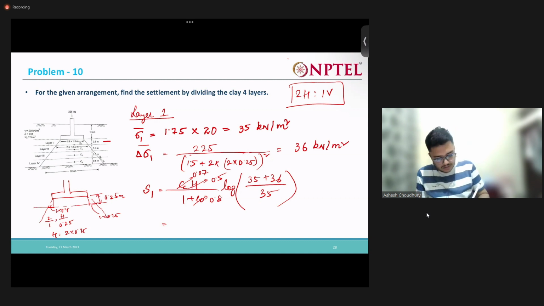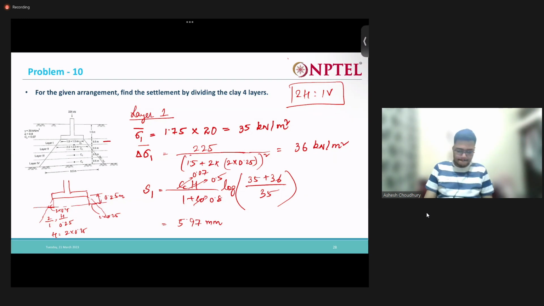It will be 5.97 mm. Is it coming 5.97 millimeters?